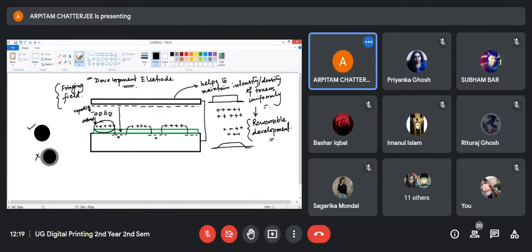Okay, there is another advantage of the development electrode, that you can also modulate the intensity or the density. That means, as you can easily understand, that here if you change the potential, say for example, if you put a higher negative potential over here, then what is going to happen, more toners are going to get forced to this location.